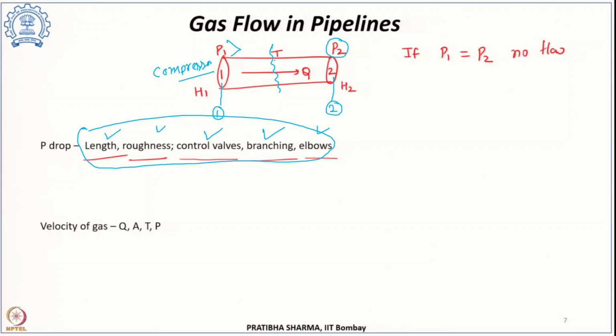At the midpoint you have to build one hydrogen station, a distribution station. There will be compressor machines, and they will compress again and increase the pressure of the hydrogen, and thus the hydrogen will flow from this midpoint to point 2. So pressure is very important for transporting hydrogen gas through the pipeline.